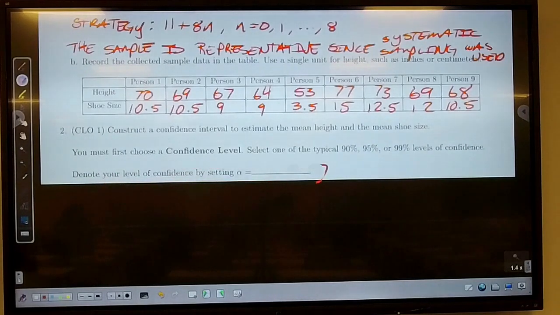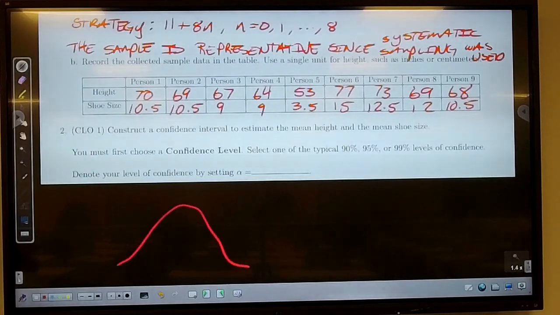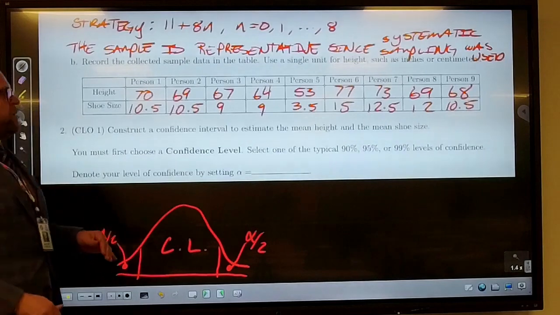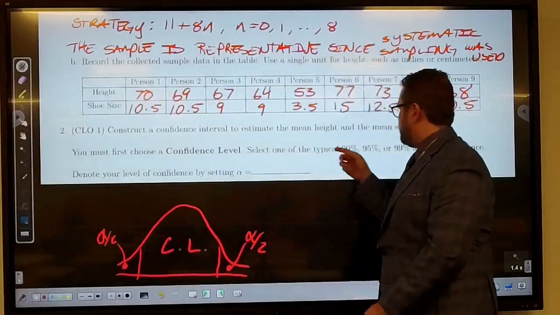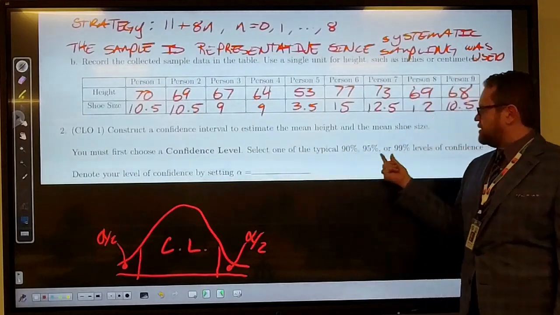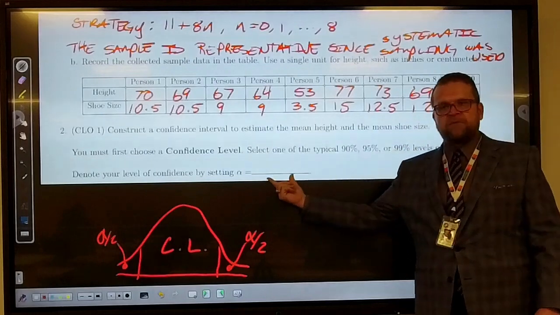Now, if you remember, alpha and the confidence level are related to one another by the picture that this was the confidence level, and over here is half of alpha, and over here was the other half of alpha. So if you say, I want to do a 95% confidence interval, then this would be 5%. And if you're doing a 99% confidence interval, then this would be 1%.